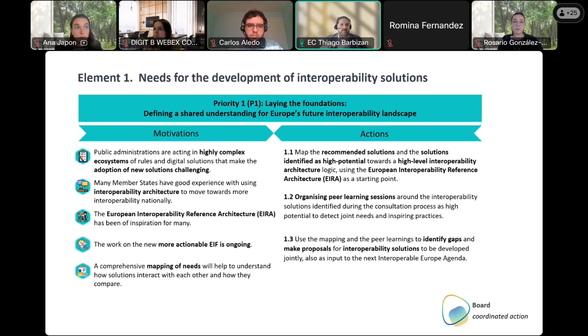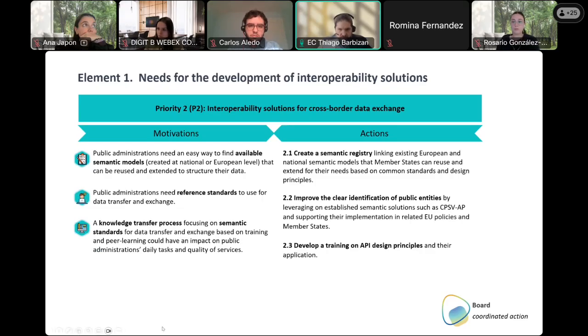And then this mapping will tell us which are the gaps, which type of solutions are needed to be developed jointly, maybe among member states, and also serve as input for the agenda. So we can go to the next priority, which is also linked to this.